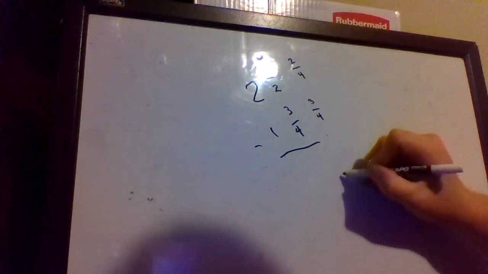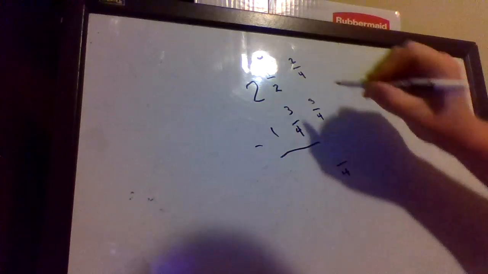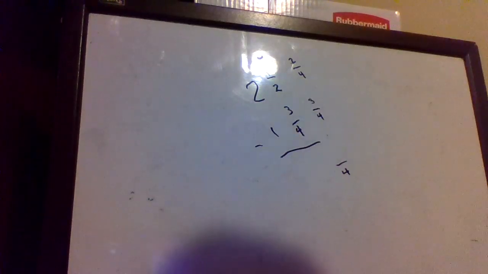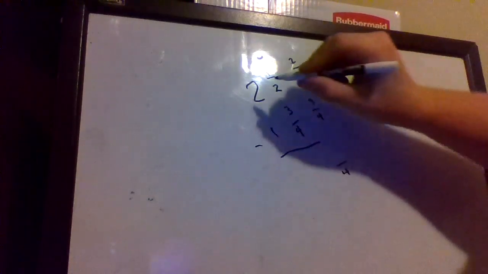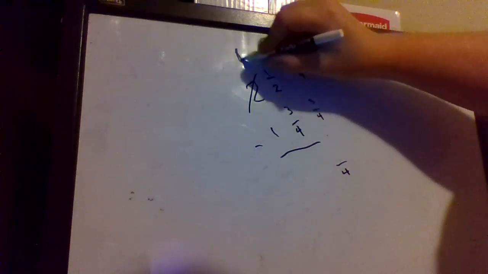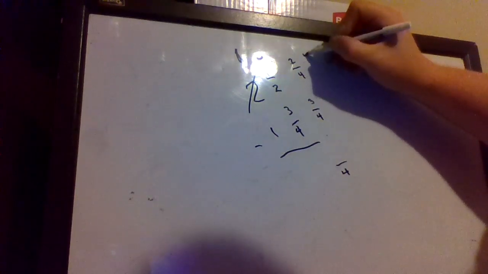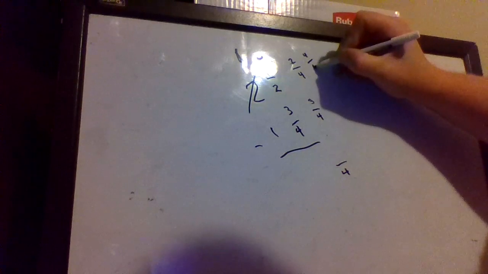Alright, so now we still have a problem. We can go ahead and bring our denominator down, but we can't subtract 3 from 2. So we have to take 1 from the 2, and that becomes a 1. And then when we take 1, we don't just add 1 to the numerator. Instead, in this case 1 is 4/4.